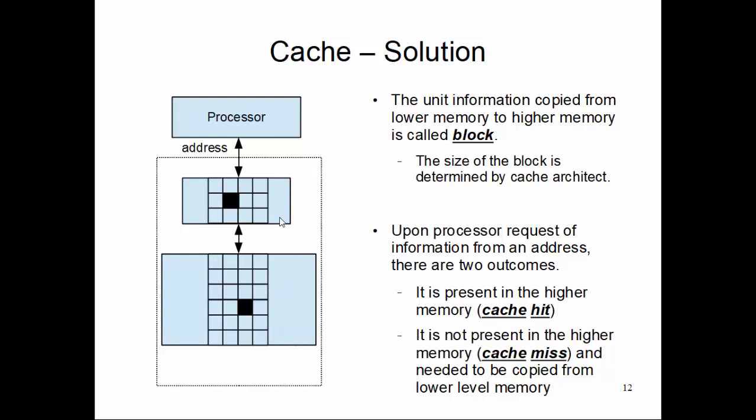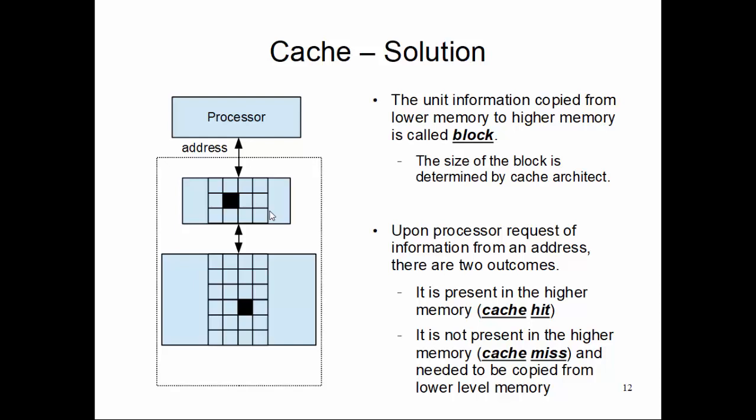From now on, we will review things in terms of a two-level hierarchy. The same idea can be implemented throughout a multi-level hierarchy as well. So let's focus on two levels now. First of all, we don't copy back and forth one single piece of information. We copy back and forth multiple words, which is called a block.